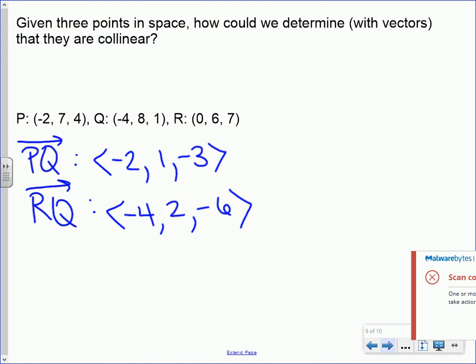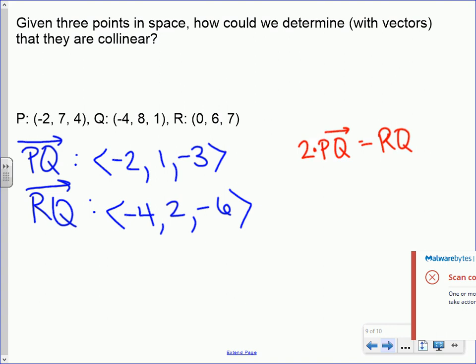Okay, so I want you to look at these vectors. Are these vectors parallel? They are parallel, and we know that because we could take PQ and multiply it by 2 to get RQ, right?